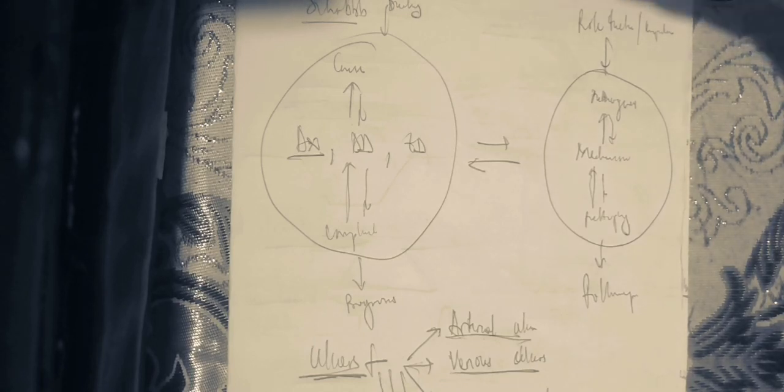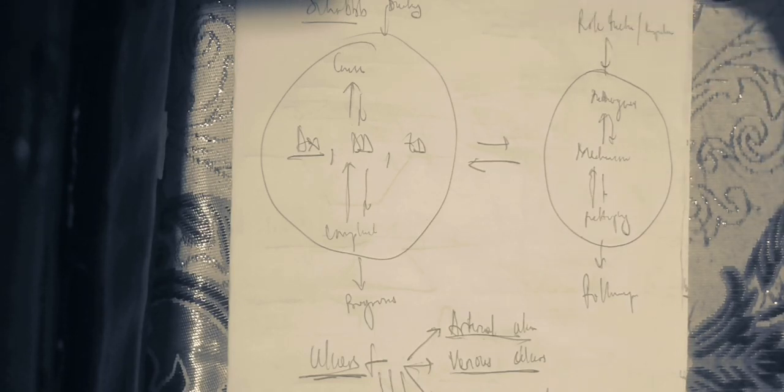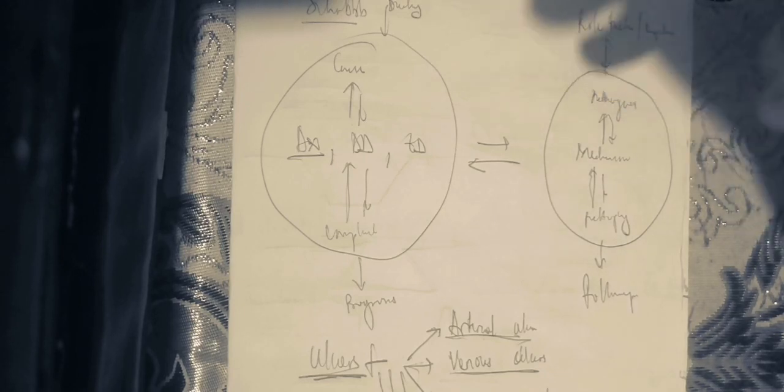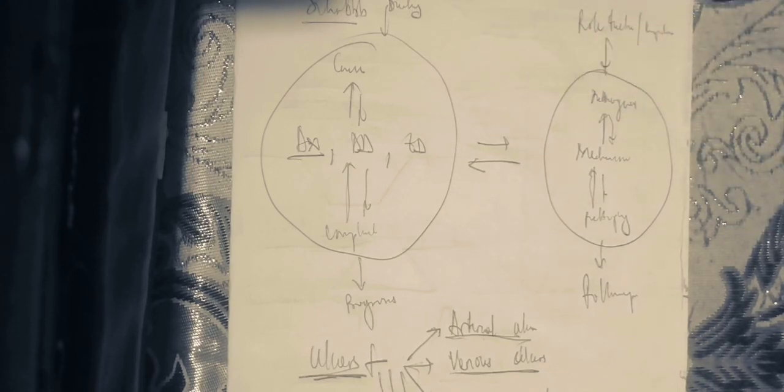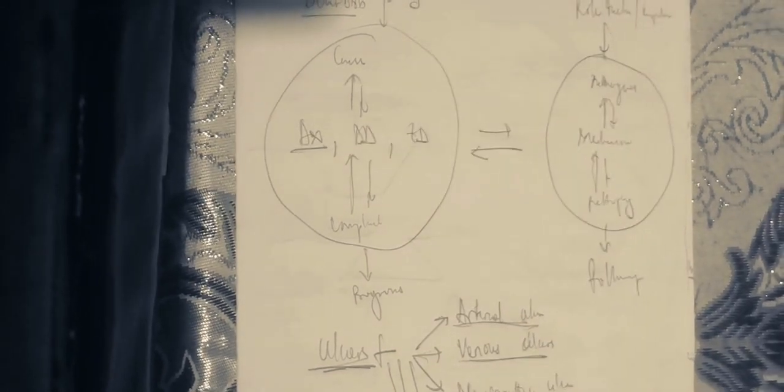Those are the non-modifiable. Now for the modifiable, we have the HEADS mnemonic: hypertension, alcohol consumption, diabetes, dyslipidemia, sedentary lifestyle, and smoking. So those are the different elements that can tell you in the background, and you have to investigate.